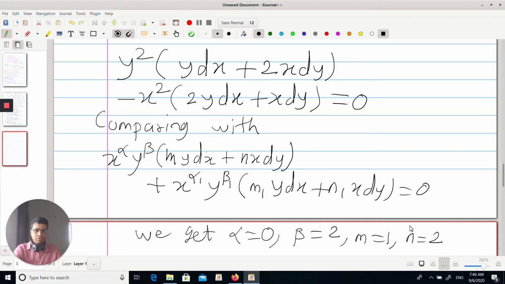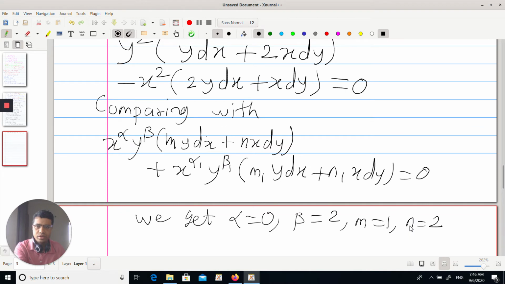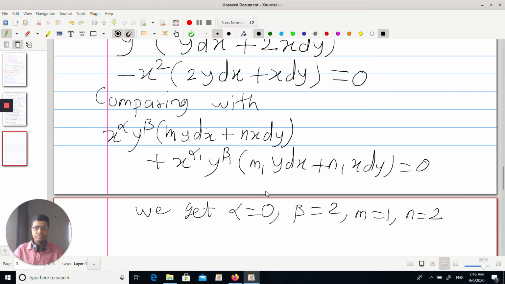Then from the second term we have alpha 1 equal to 2, beta 1 is 0 because in the second there is no y term. Now in the bracket there is 2, but the minus sign is outside.